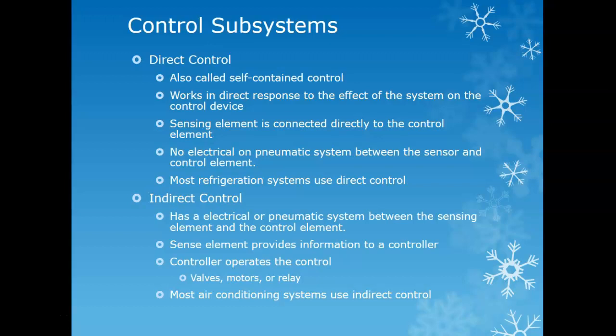This works in direct response to the effect of the system on the control device. Most thermostats have a sensing element in them somewhere, and what that's supposed to do is alert the system, saying, hey, it's getting too hot, we need to shut the system down. Or hey, it's too cold, we need to set it to where it doesn't do anything. Right?